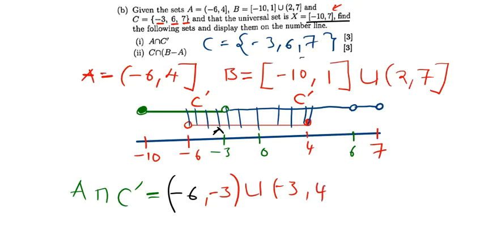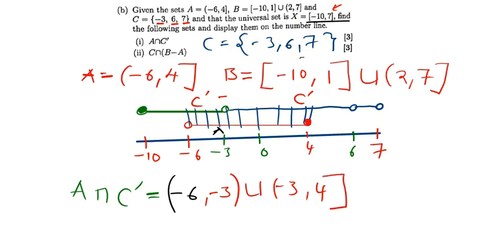Surprisingly, 4 will be included because of this kind of bracket. It is shaded, so 4 is part of A. It is also part of C complement, because C complement runs from negative 3 up to 6 continuously. So 4 is part of both, and that's why we have that bracket.